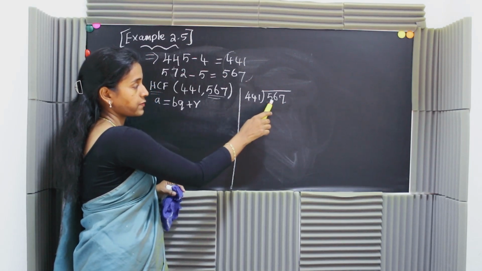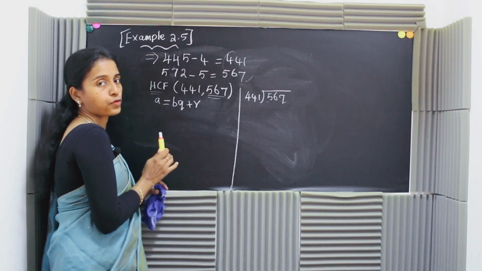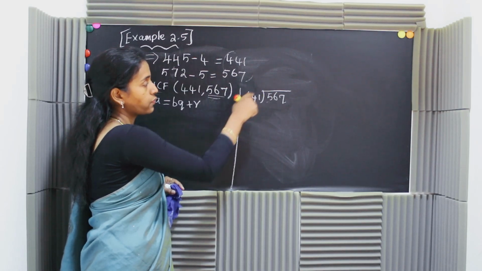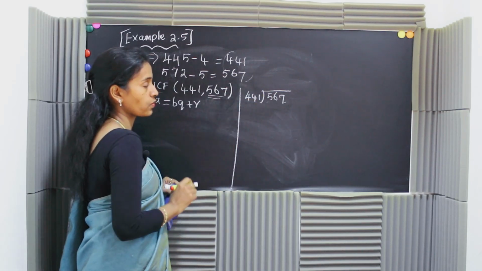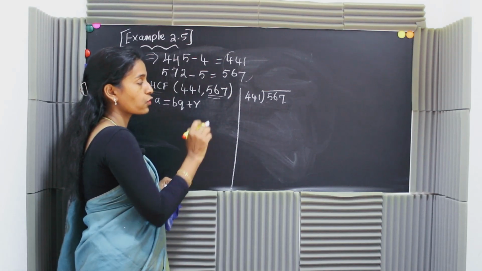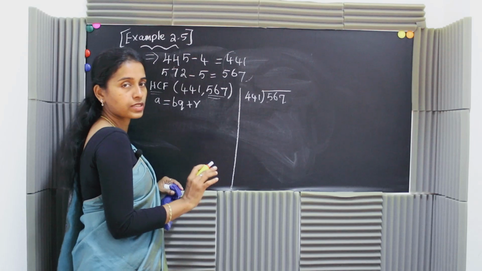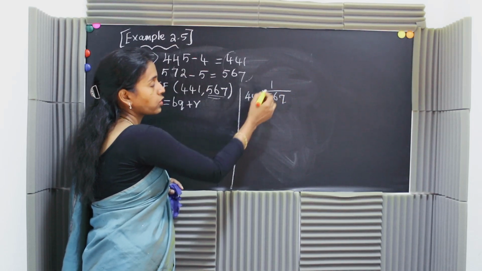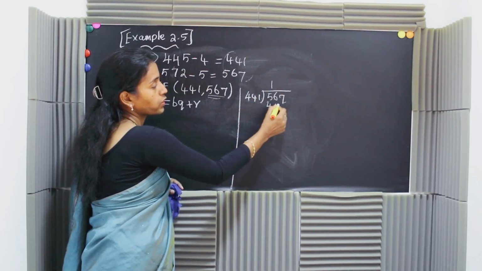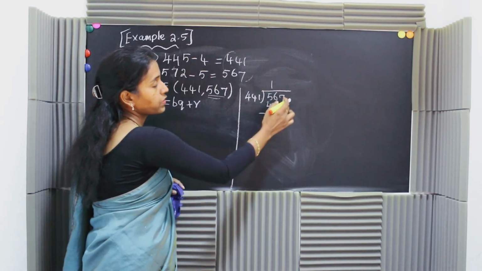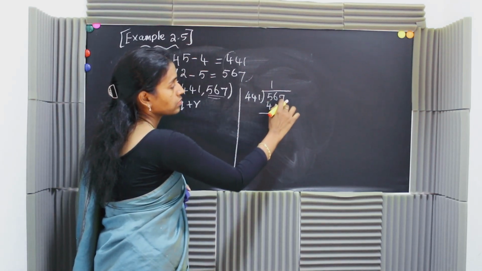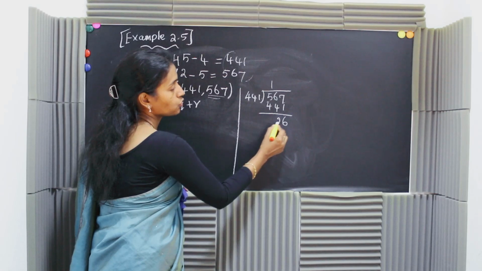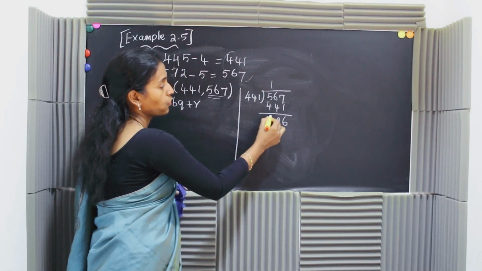Here dividend is 567. Divisor is 441. Here we have 441. 441 becomes 800 and something, so we should not go for that. We are applying 441 times 1, equals 441. Then subtracting, 7 minus 1, 6. 6 minus 4, 2. 5 minus 4, 1.